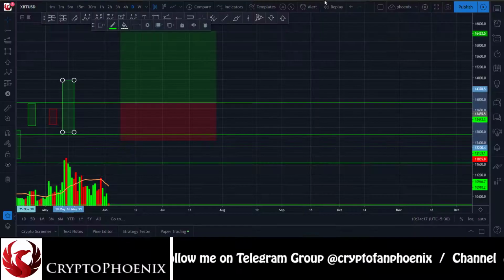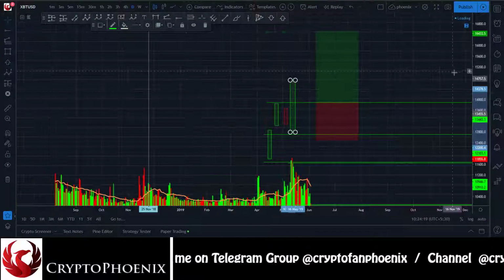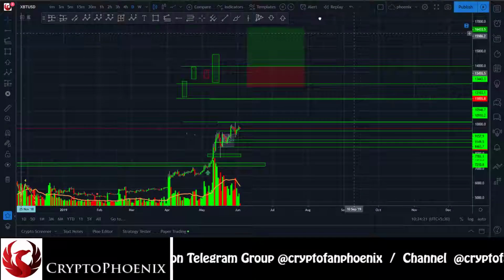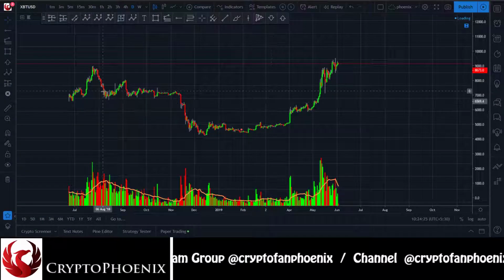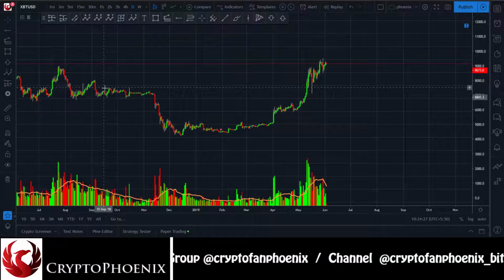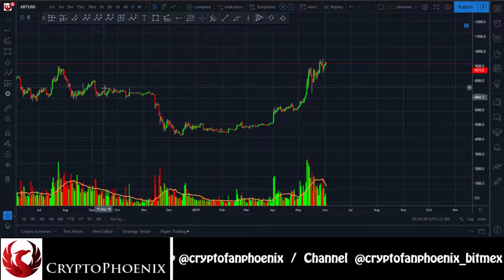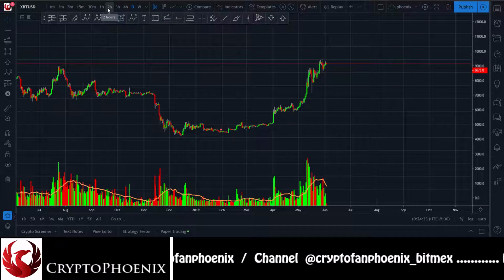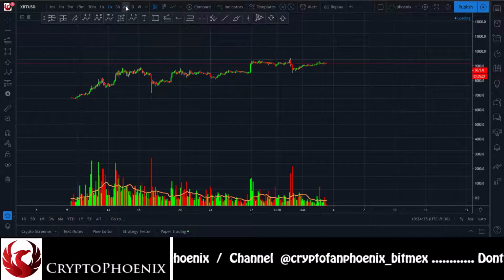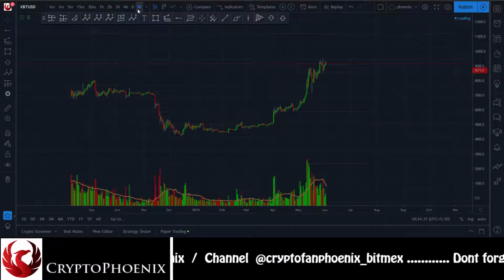Alright, so let's look at a real life example of candlesticks. Very first thing, guys, I want to share is that candlesticks work better on higher time frames, like 2 hours, 4 hours, daily, and weekly.